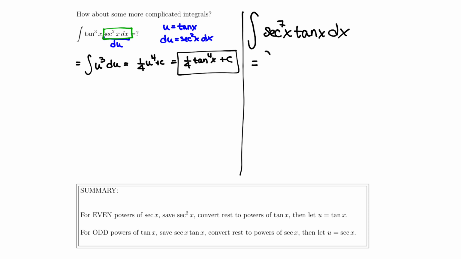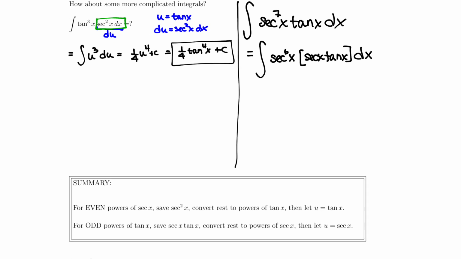What if I have a secant to the 7th, I can break it up as a secant tangent. And if I want that to be my derivative, then what would I let u be, Anand? I would let u then be secant. And do you see how u substitution can be used to solve this one so quick?